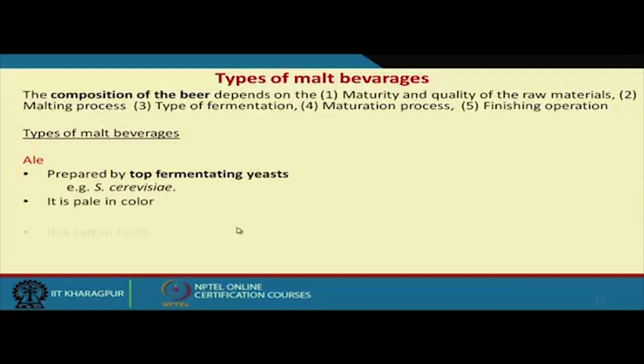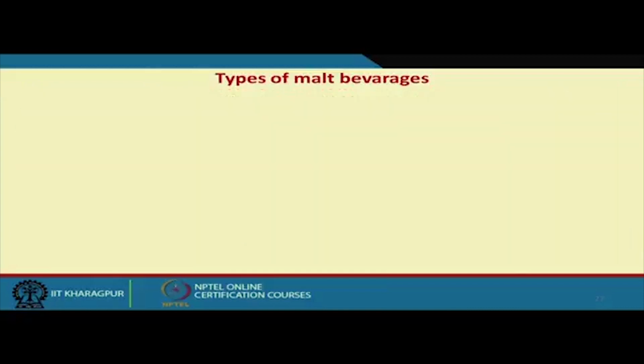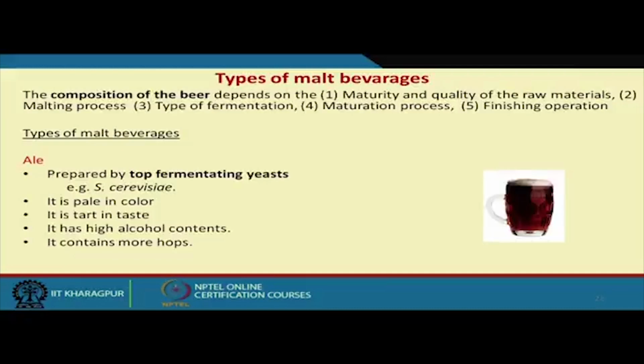It is pale in color, tart in taste, has high alcohol content, and has more hops. So this is ale beer. There is also a bit darker beer, which is not in practice in India, but in some places in the world they use this dark color beer.